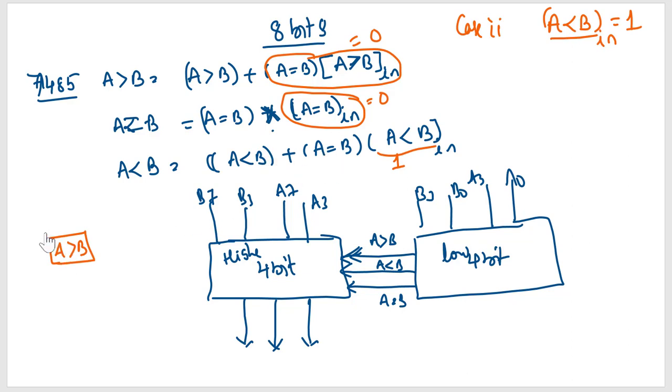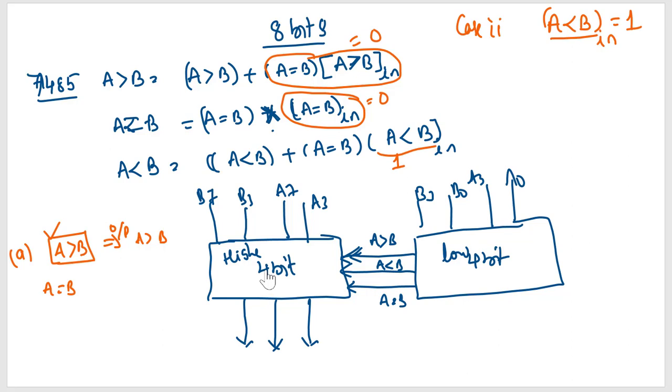That means you are going to get a greater than b. This is a case A. When a less than b from the previous input, at the same time, if a is greater than b at the higher order bits, you are going to get an output as a greater than b.